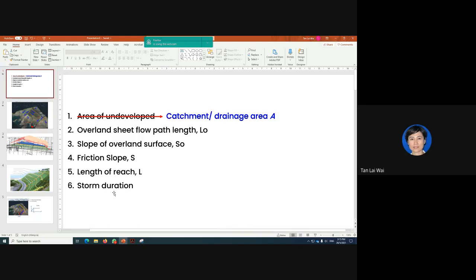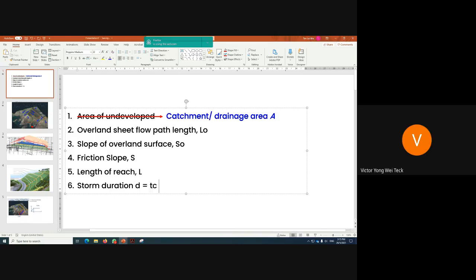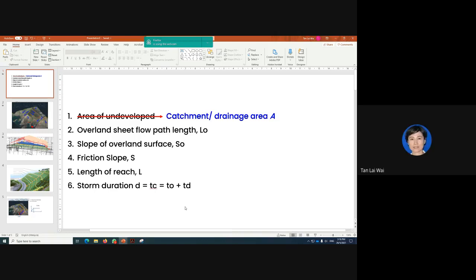Then, the storm duration I already answered, which is Tc. You agree? Yeah, Doctor. Can we use a storm duration greater than that, right? Can. But we just put a number greater than that, can? But how much are you going to put? So it's easy to estimate, it is equal to Tc.